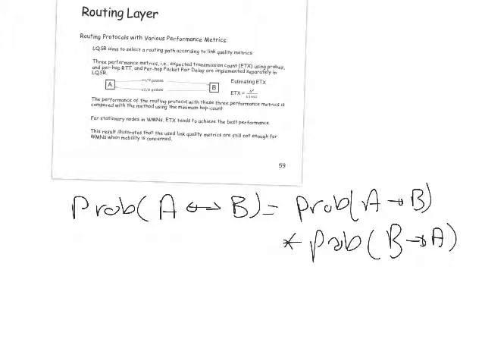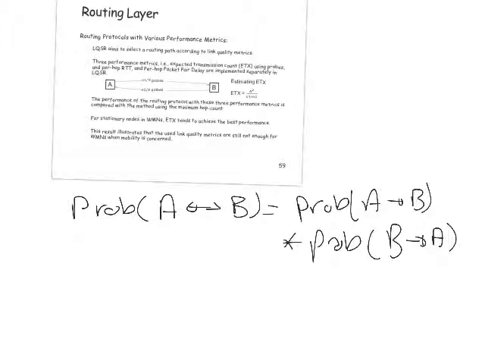So in order to send a packet successfully from A to B, it has to be successful from A to B, and then the reply back has to be successful from B to A. If that's difficult for you, then you should really seriously think about refreshing probabilities, because what's coming is a little bit more complicated than this.